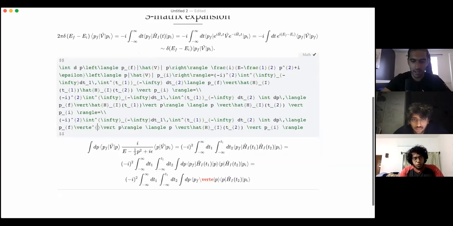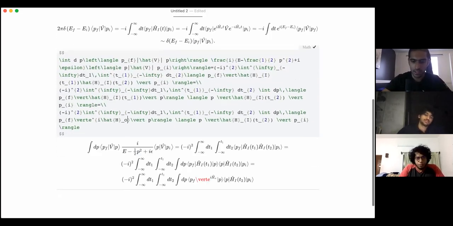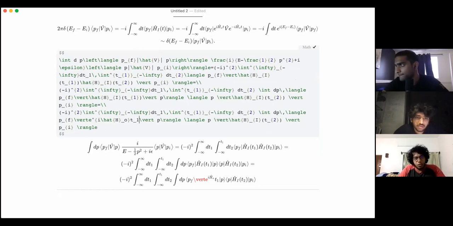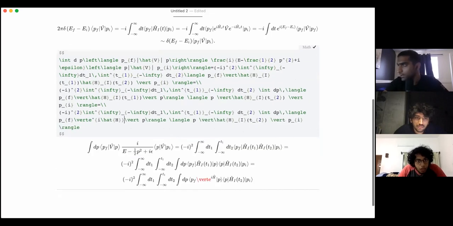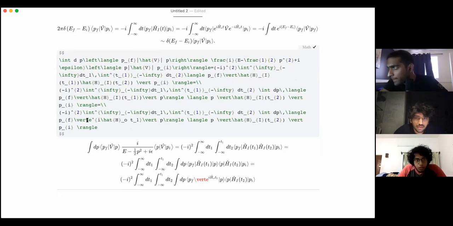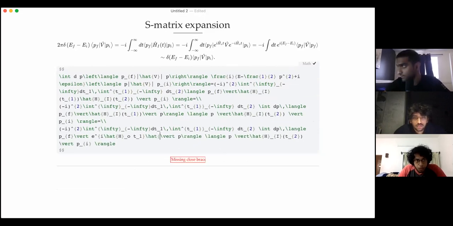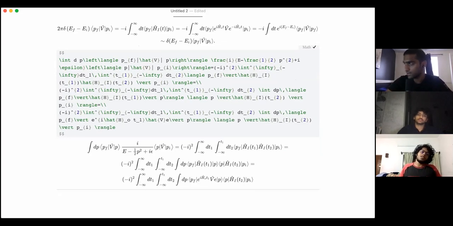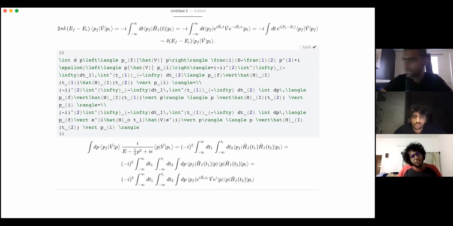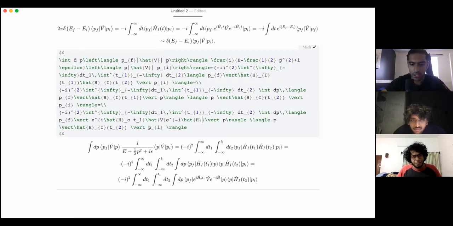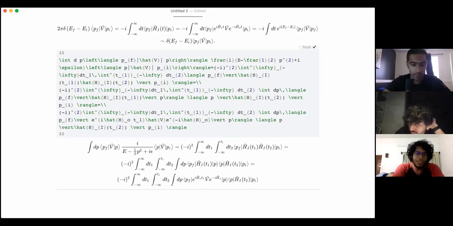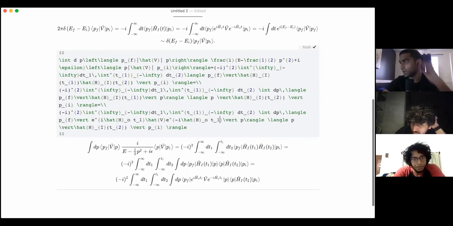I have e power i hat h naught t1, hat v, e power minus i hat h naught t1.